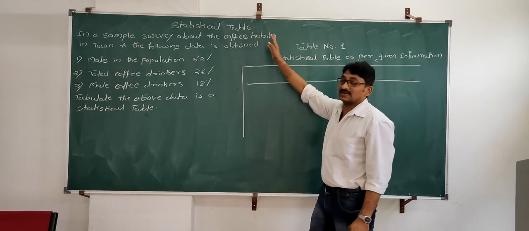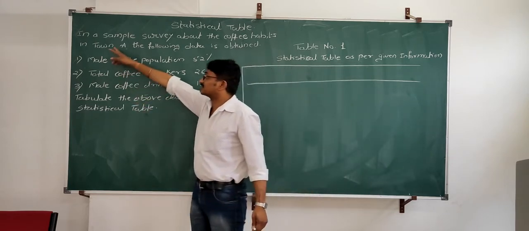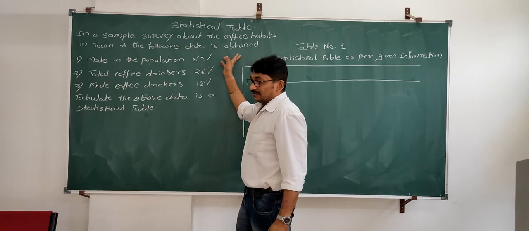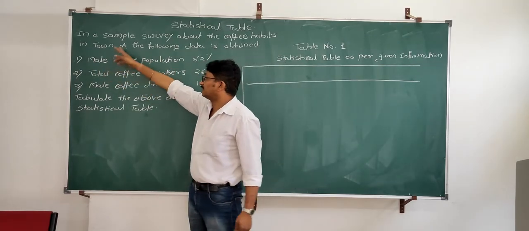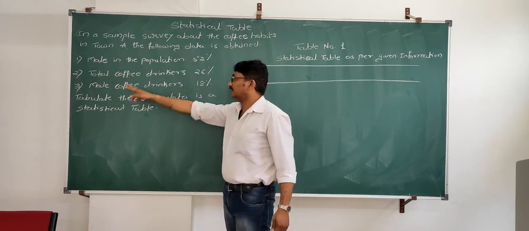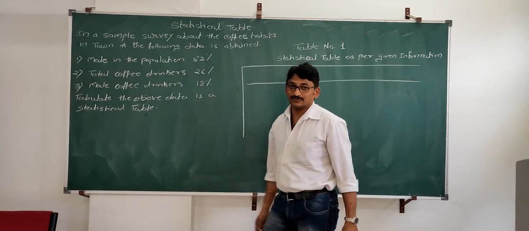Characteristics of coffee drinkers or coffee habits of the people. In which town? Town A. The following data is obtained. Now in this data, they have given male in the population, means male in town A. They have given total coffee drinkers of town A. They have given male coffee drinkers of town A. Values are given to you.